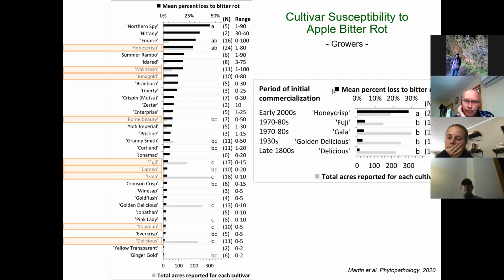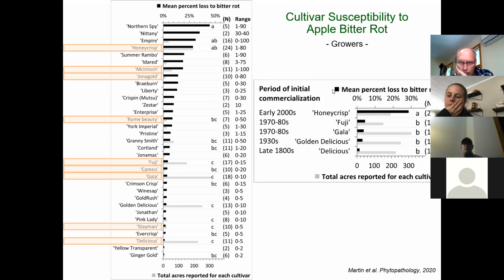On the right side, you can see the mean percent loss to bitter rot from the early 2000s, and also all the way back to the late 1800s. And you can see that overall the loss matches pretty well with the time when we started commercializing Honeycrisp and planting it a lot.